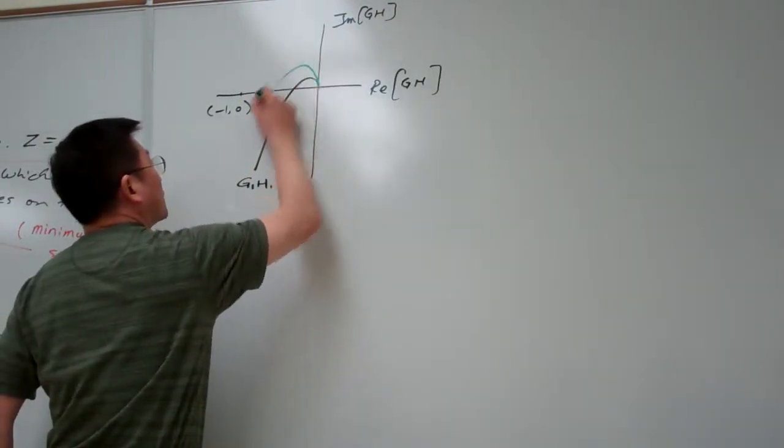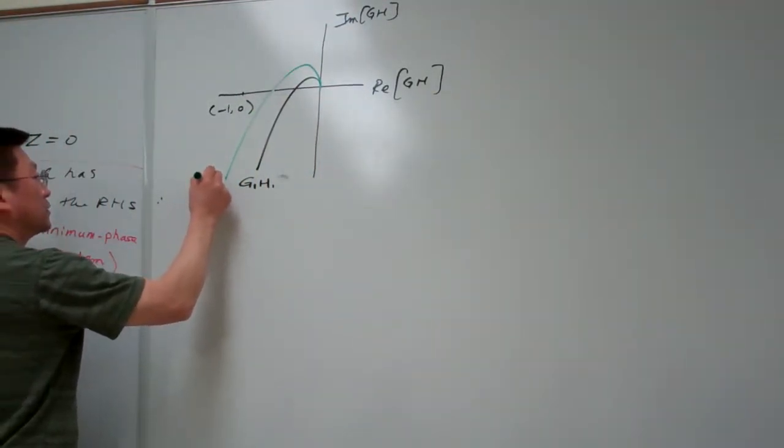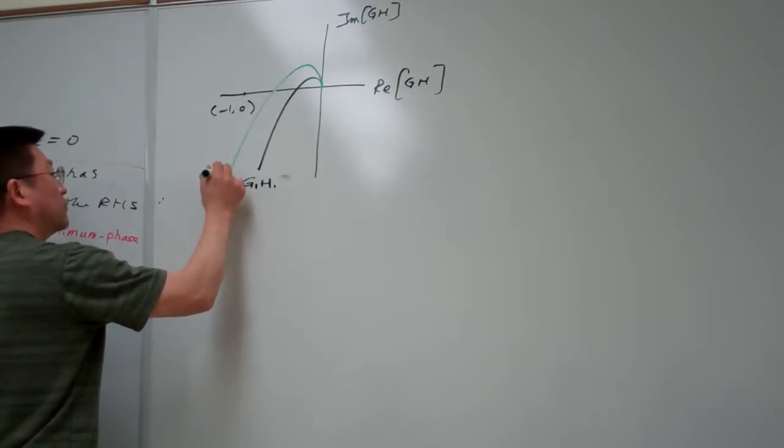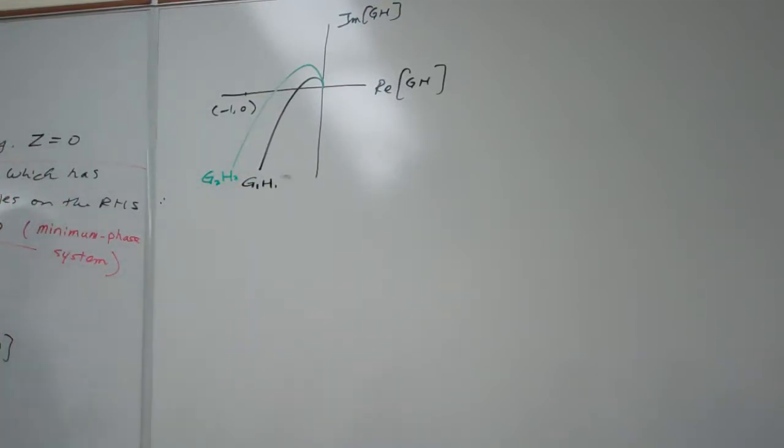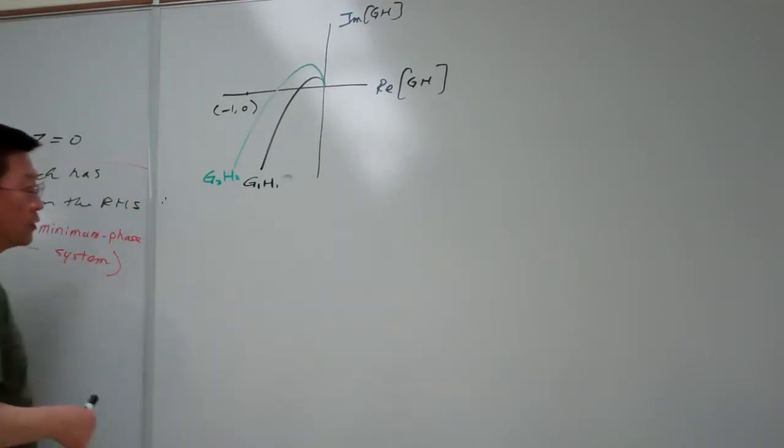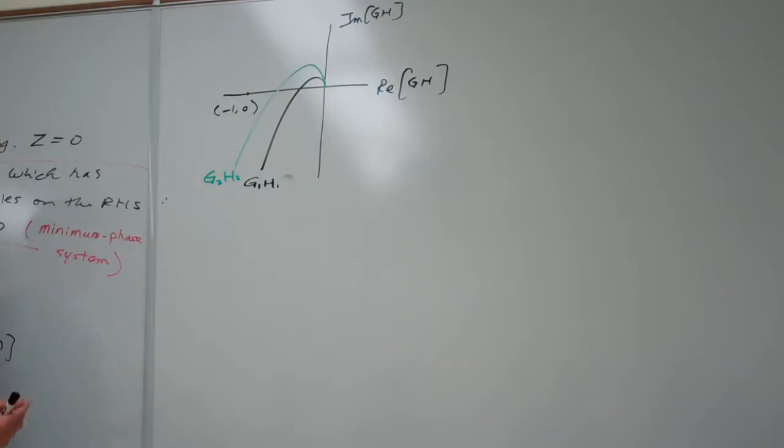Another system has a similar drawing, but that curve is like the green one we're showing here. Let me call it system 2. From here we can have a more quantitative comparison of stability. That's the reason why in this section we talk about relative stability.